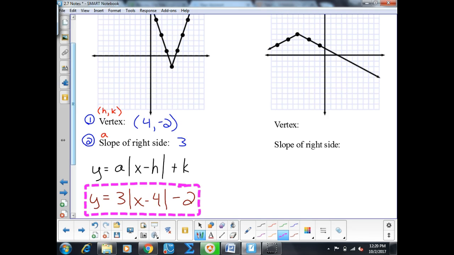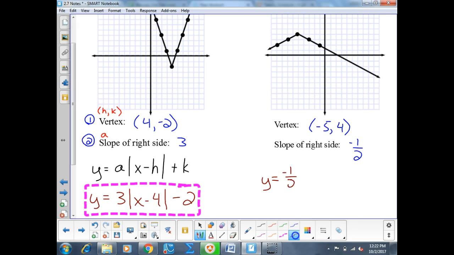You try number 2. Vertex is where? 1, 2, 3, 4, 5. Negative 5, comma 4. Slope of the right side. Negative 1/2. So that means that y is going to equal what?